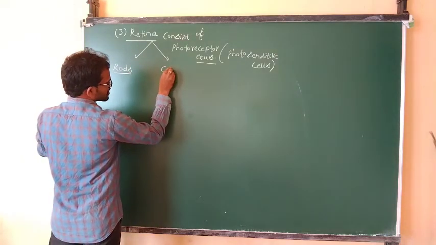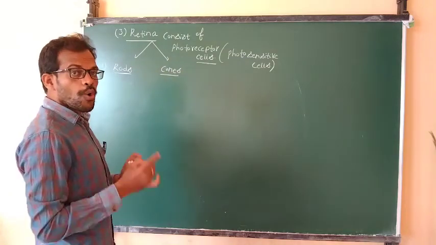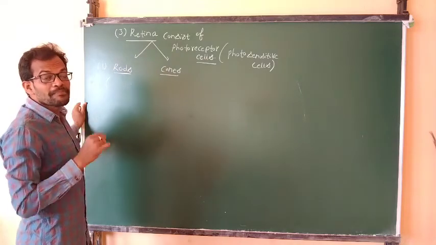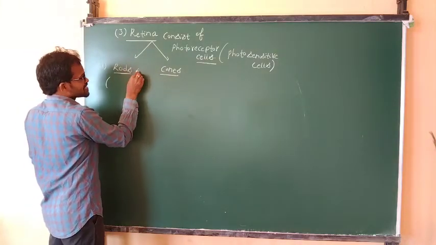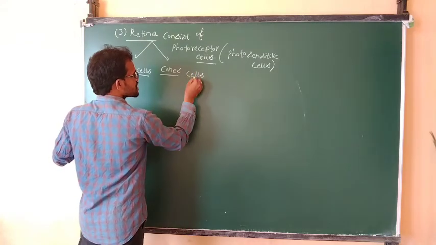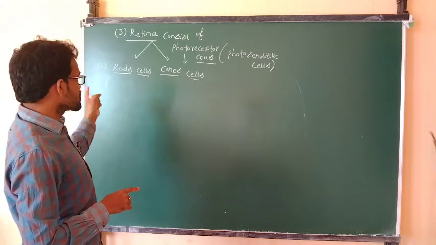The second is known as cones. Rod cells and cone cells are nothing but photoreceptor cells.